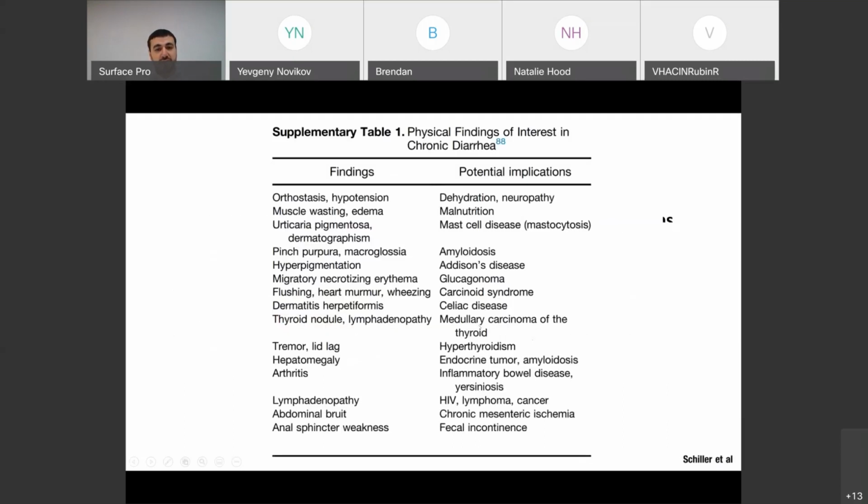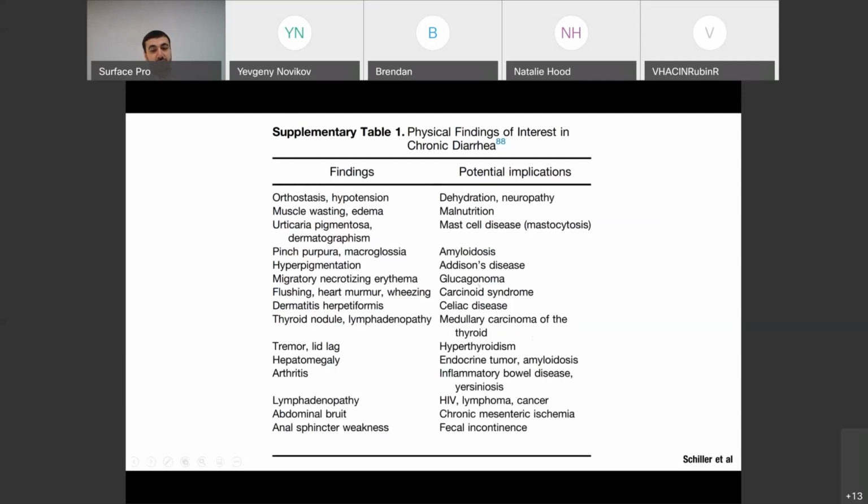Physical exam can sometimes be useful in patients with diarrhea. What we're looking for is systemic findings that would lead you to some of these more rare causes of diarrhea. For example, and these are important to know for your medicine boards anyway, hyperpigmentation may make you think of Addison's disease.